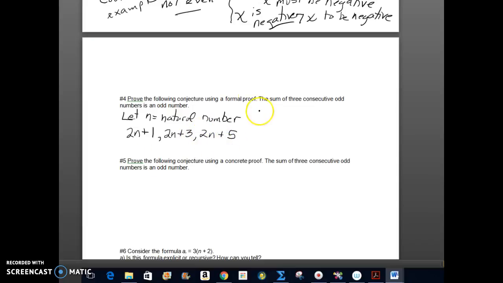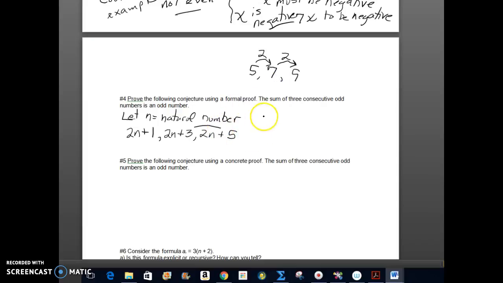Because if I'm at an odd number, say I'm at 5, the next one is 7. That's a jump of 2. So I have to jump from 1 to 3. And then I have to jump again 2 more. So a jump from 3 to 5 is 2 more, okay, to get to 9.